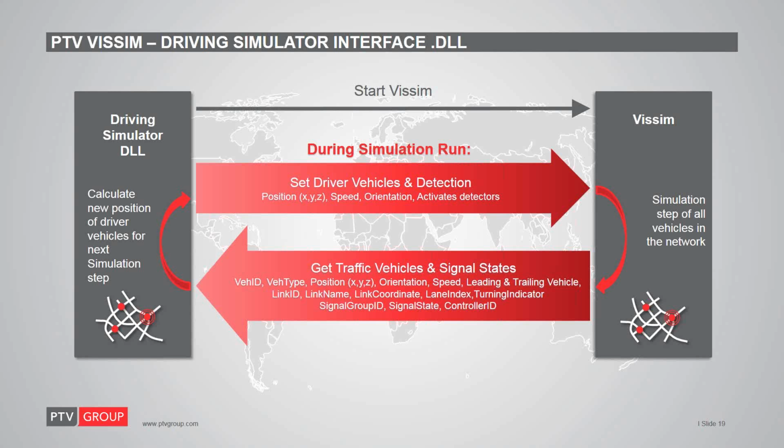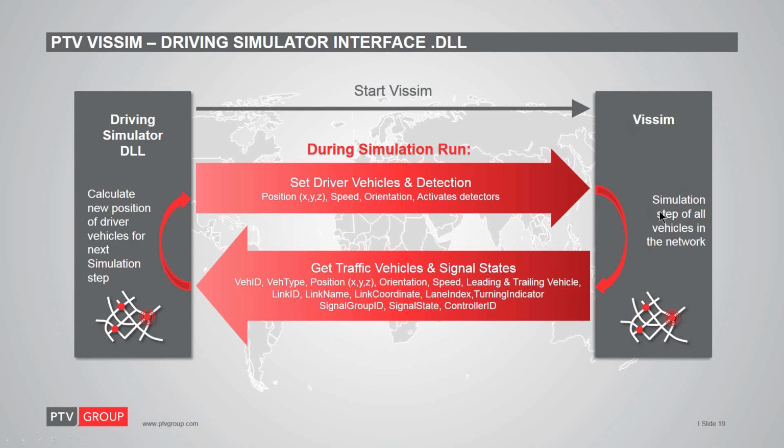So you define with your acceleration and your steering wheel position where this vehicle is located in the next time step: the position, the speed, the orientation of this vehicle, and also whether you want to activate detectors or not. This is set from the external control, and of course it doesn't have to be a human driving with this simulator. This can also be an algorithm controlling a vehicle. And this is then passed to Vissim.